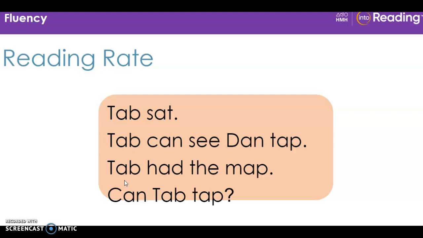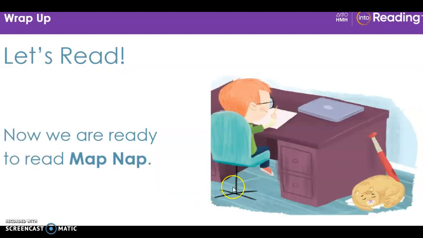Let's go. Tab had the map. Can Tab tap? Very good. Did everybody pause when you came to the period? Now we are ready to read about Dan and Tab in a story called Map Nap.